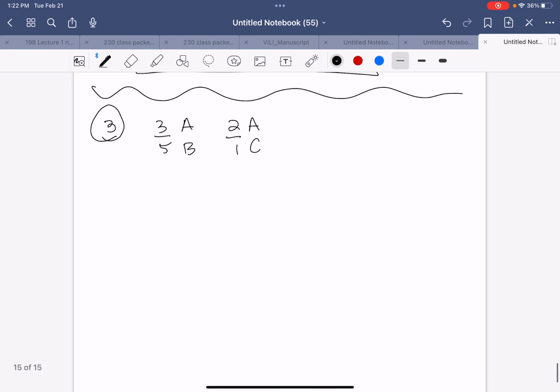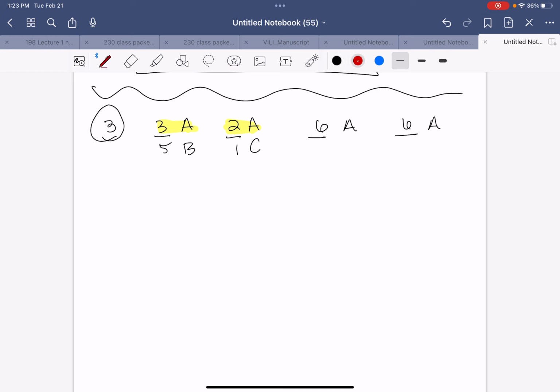Okay, so in this case, again, let's take a look at our ratios. And I've got A on top with a 3 and a 2. And so I'm going to make that 6 in both cases because that's the least common multiple.